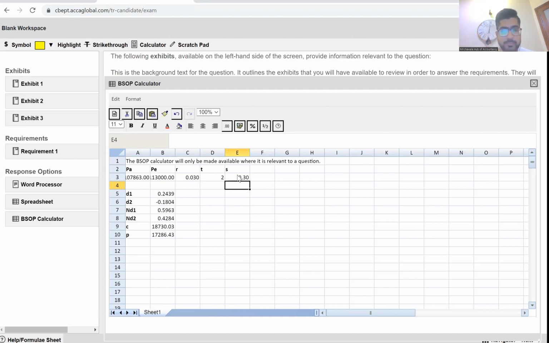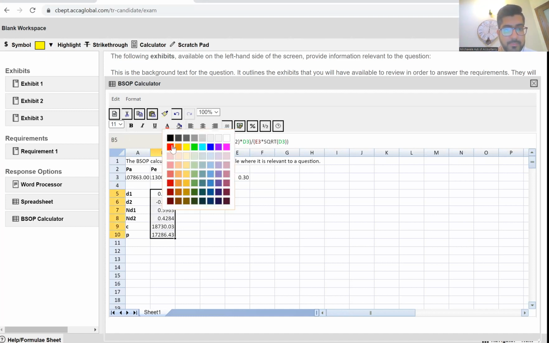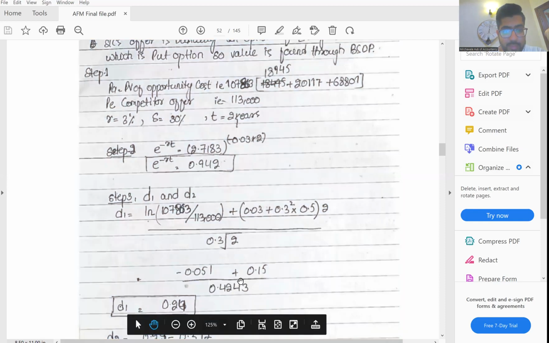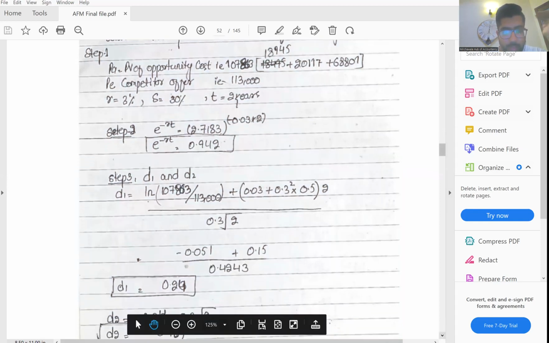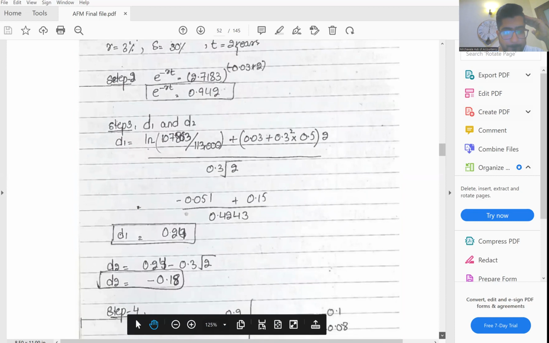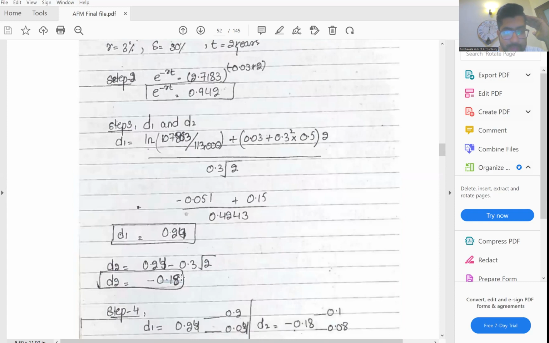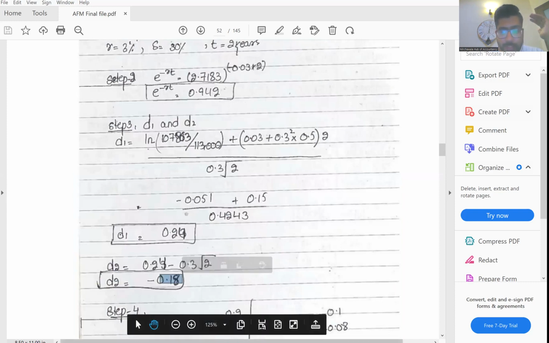Can you imagine? Everything is ready. D1 is 0.24. So here, check my D1, manual working. It's 0.24. Can you see here, 0.24? And D2 is 0.18. So 0.24, 0.18.